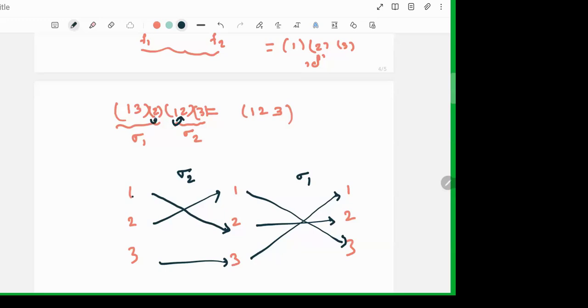This is the singleton bracket. So that means 1 goes to 2. Then you start with 2, 2 goes to 1, and 1 goes to 3. So that means 2 goes to 3. Now start with 3, 3 goes to itself, and 3 goes to 1. So that means 3 goes to 1. So bracket close.